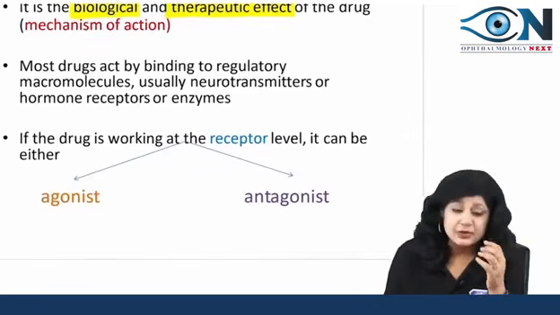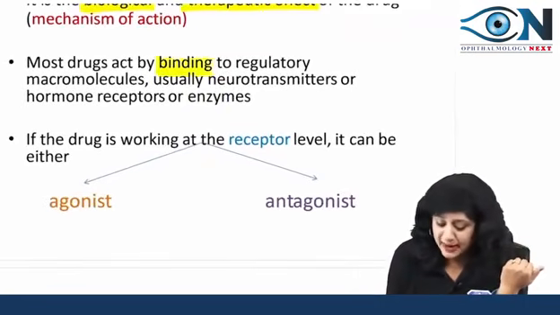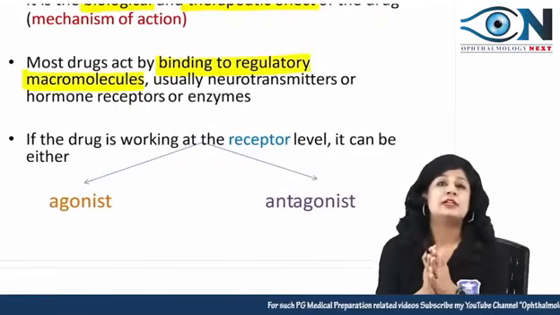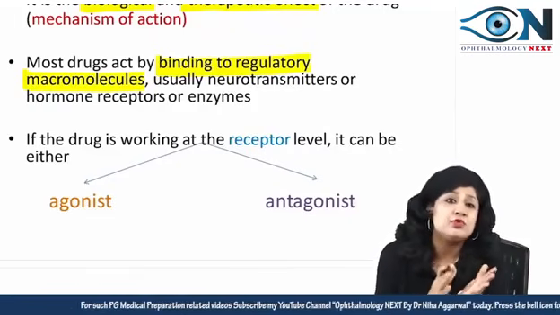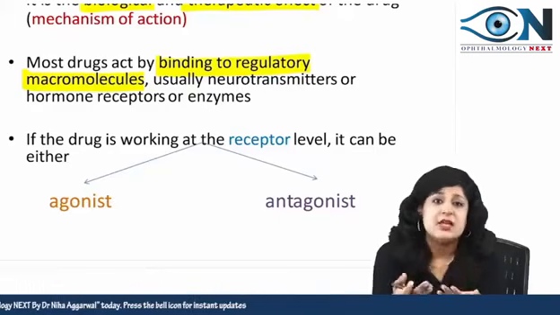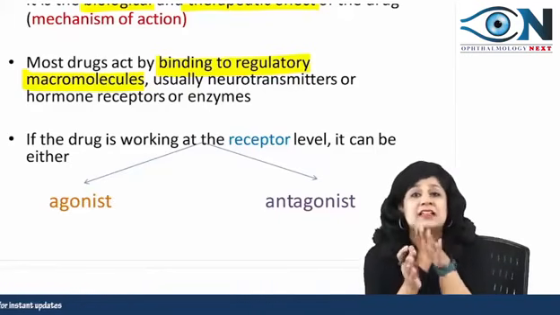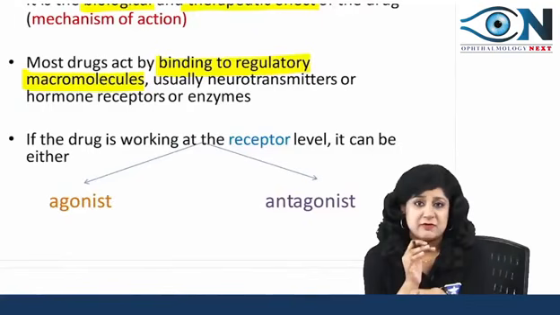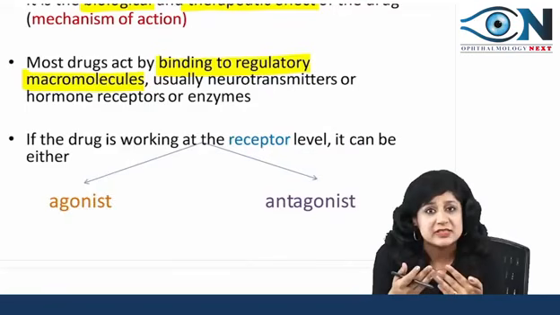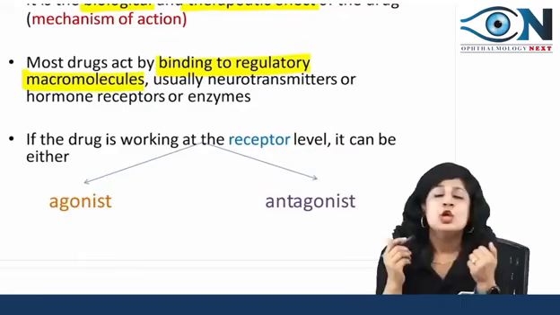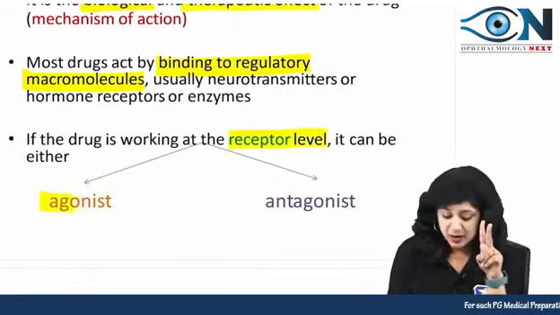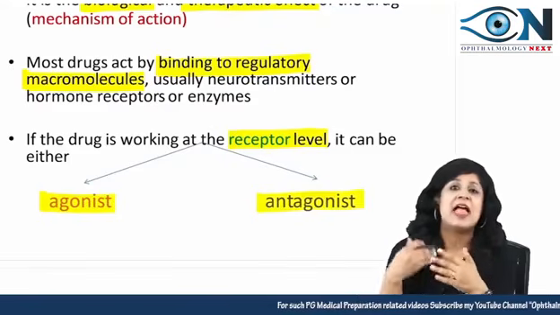Now most of the drugs act by binding to regulatory macromolecules. These macromolecules are available in the form of neurotransmitters, hormone receptors or enzymes. If the drug is acting at the receptor, two things can be there: either an agonist effect or an antagonist effect.